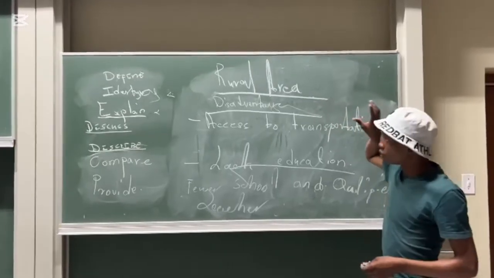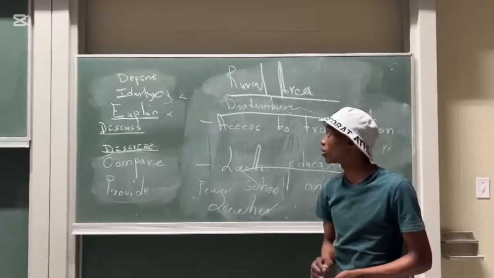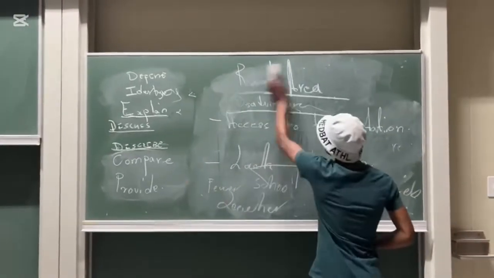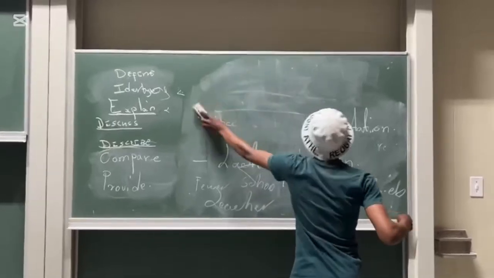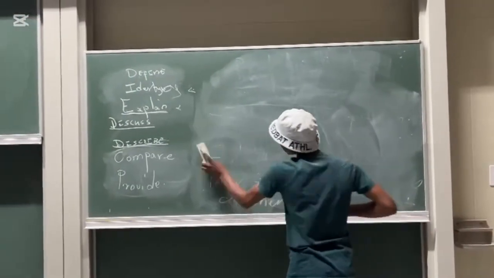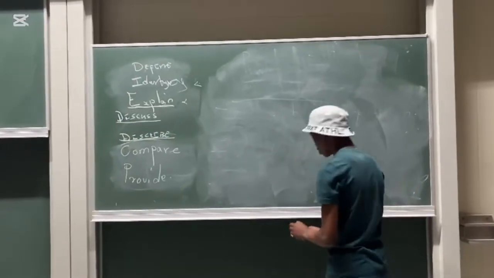So we will go and describe the types of common settlement patterns. What are those types of common settlement patterns? Firstly, we have what we call a linear settlement.